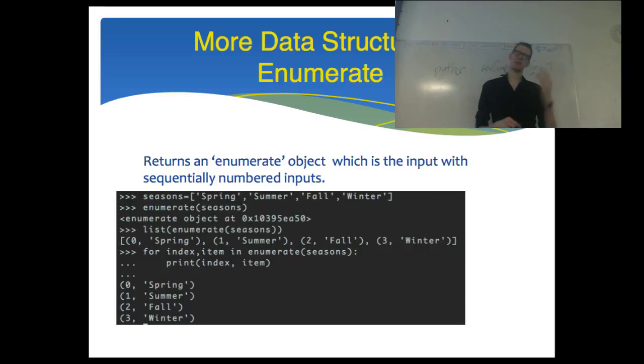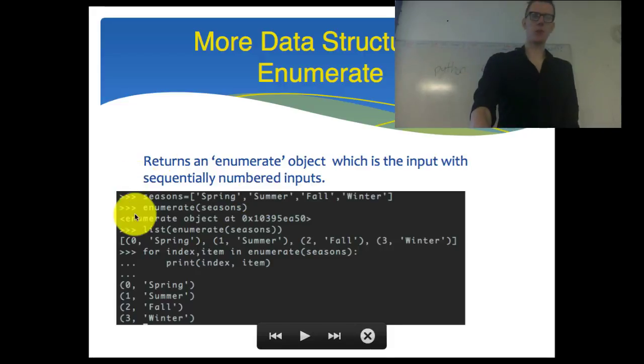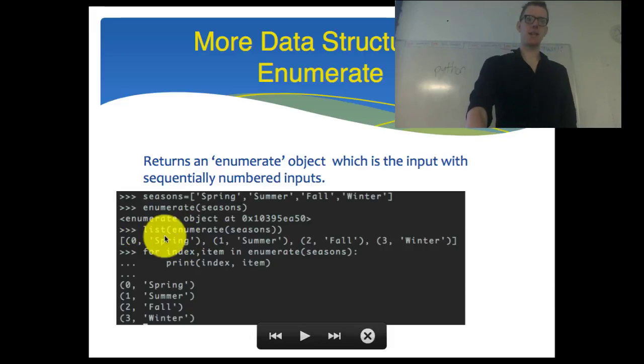So if I have a list of seasons, which might be spring, summer, fall, and winter, I can run enumerate on that list. And what it will do is it will pair 0 with spring, 1 with summer, 2 with fall, and 3 with winter.